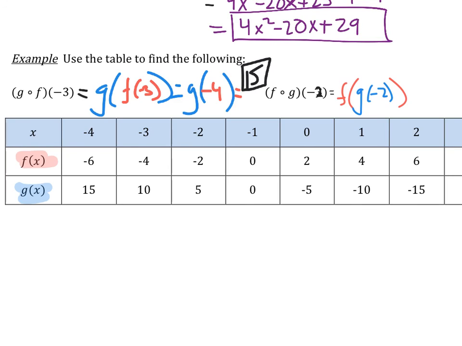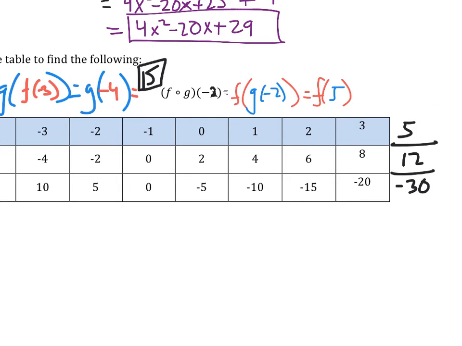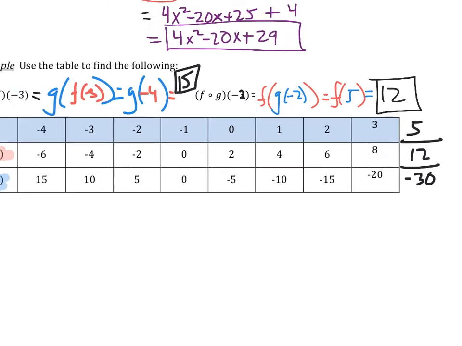All right, so we're going to take that g of negative 2 and replace it with 5. And then that's going to give us, what is f of 5? Well, look. f of 5 is 12. Good thing we wrote that in there, right? Okay. That's the idea.